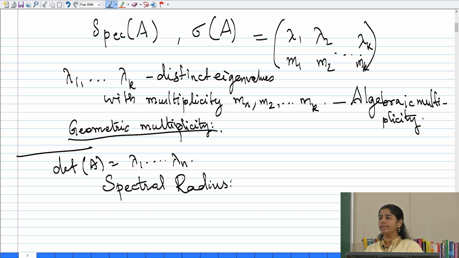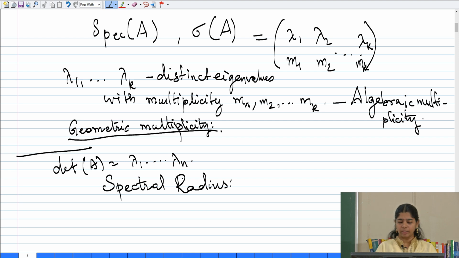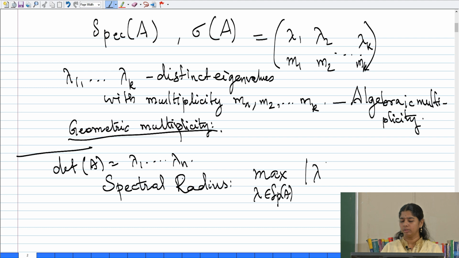The spectral radius is nothing but the largest eigenvalue in absolute value, in magnitude. So, the spectral radius is just the maximum over all lambda coming from the spectrum of A of mod lambda. These quantities will help us as we go. We will try to characterize based on the spectral radius and other properties.